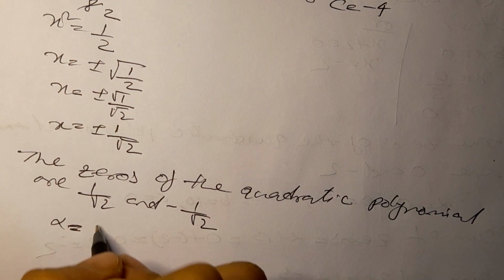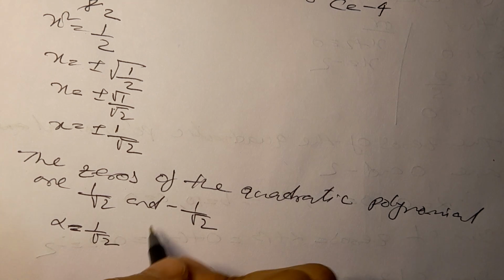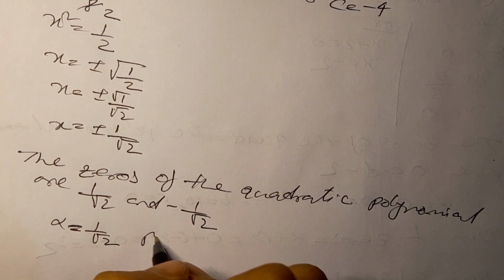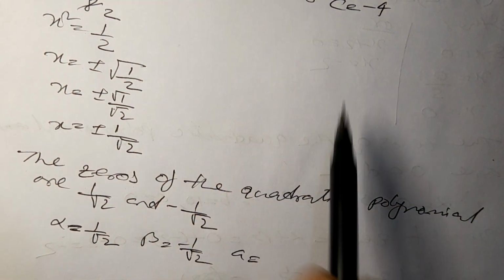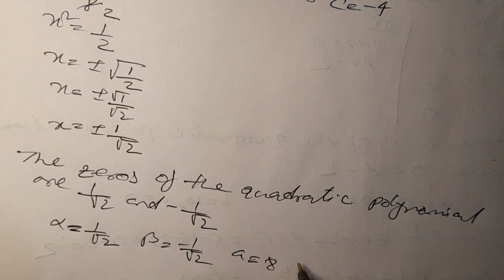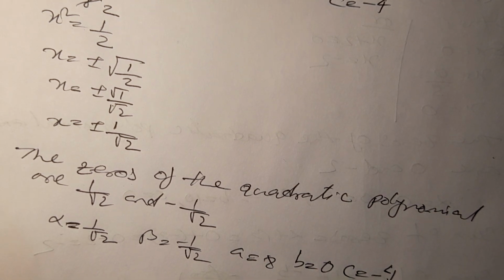So alpha equal to 1 by root 2 and beta is equal to minus 1 by root 2. Therefore a is equal to 8, b is equal to 0 and c is equal to minus 4. We got the a, b, c and we got the alpha and beta.